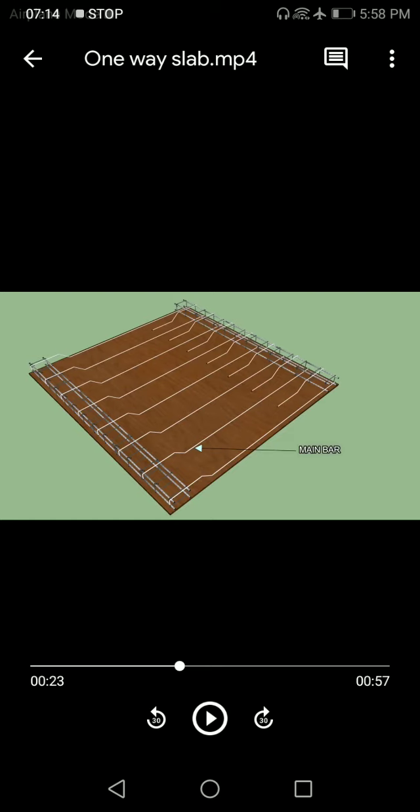That's why we put the main reinforcement along the shorter direction only. Therefore the reinforcement will be cranked in the main reinforcement alone. It will not be cranked in the distributor. Here the distributor acts just to reduce the shrinkage.